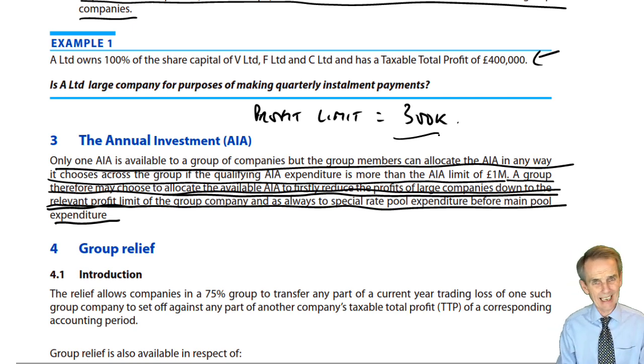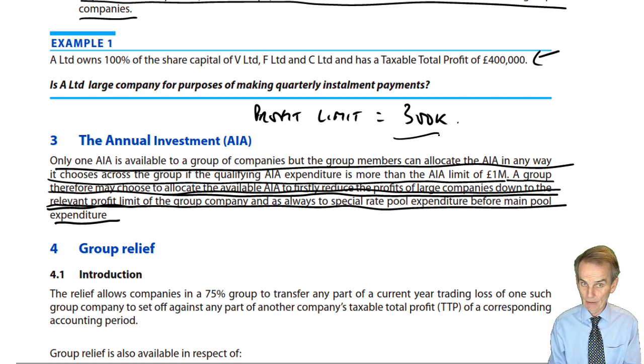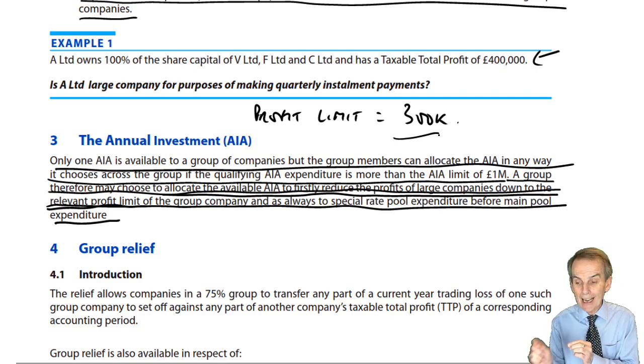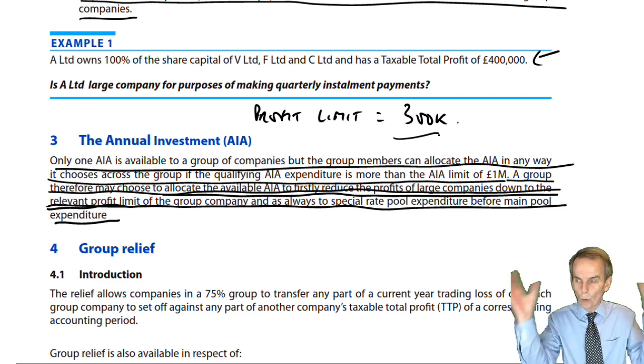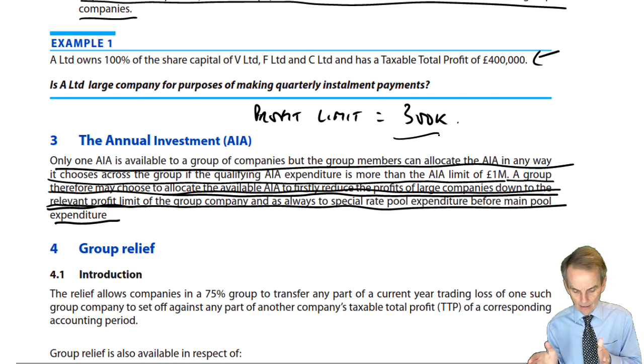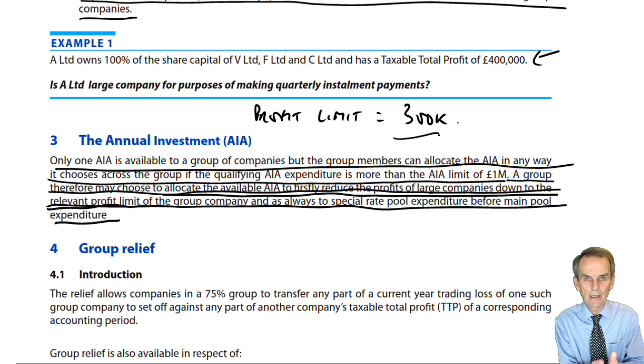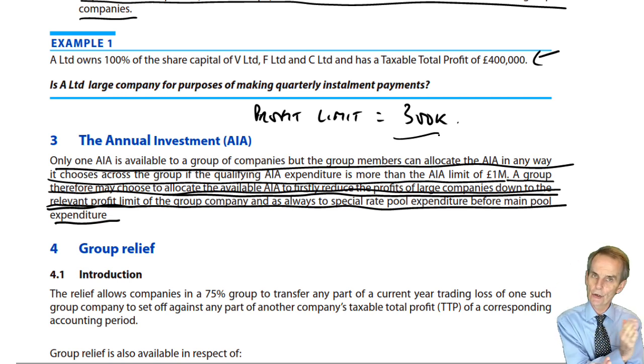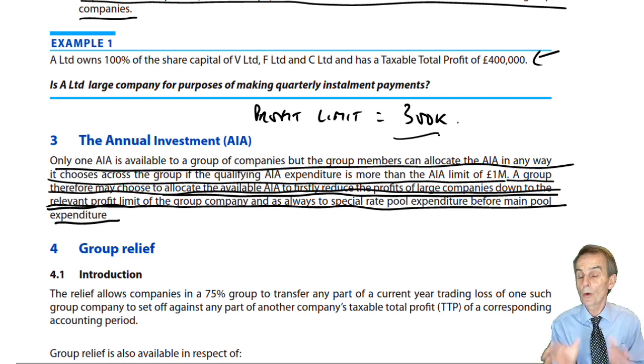If I can bring that down to £300,000 by the correct allocation of the overall £1 million AIA, give 200,000 to this particular company, or whatever is needed to get total capital allowances to £200,000 plus, then what was 500 becomes 300 or less, and that means we remove any issue of quarterly instalment payments, both for this period and indeed for the next period. That's got to be a good idea.